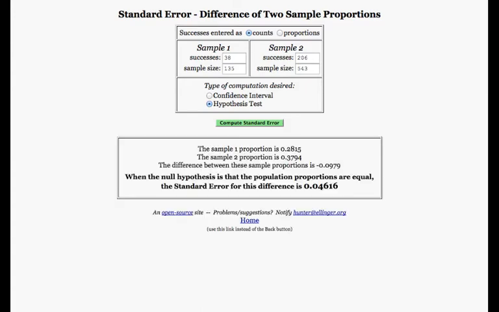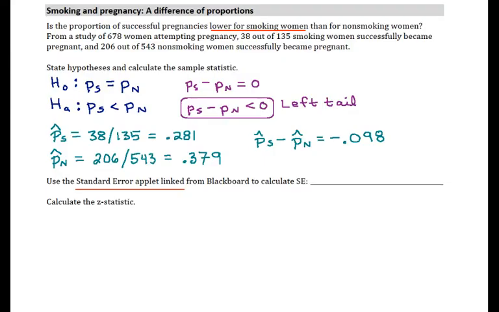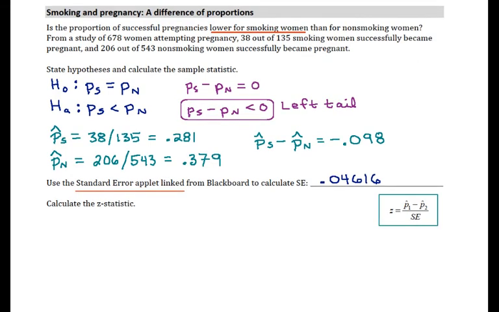And I have my standard error down here as 0.04616. I'll go ahead and take all decimal places of that because it's just not that hard to work with. Now for my Z statistic, recall we have this nice formula.